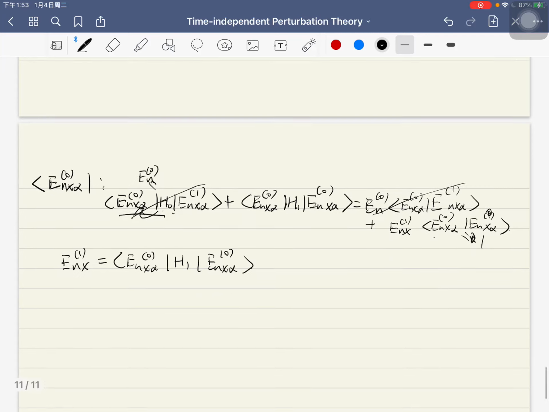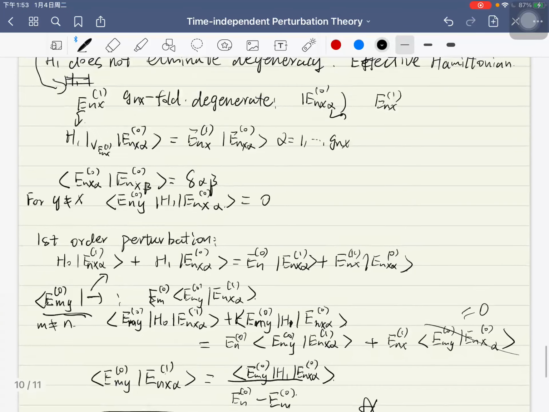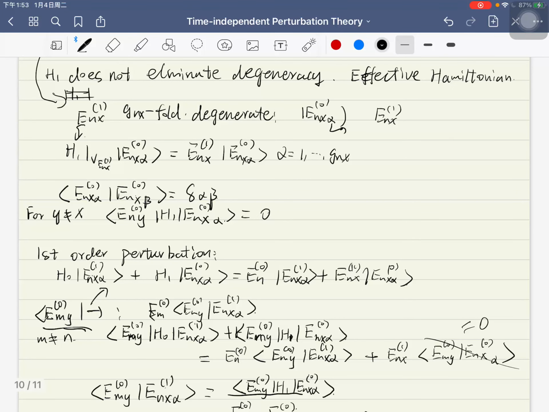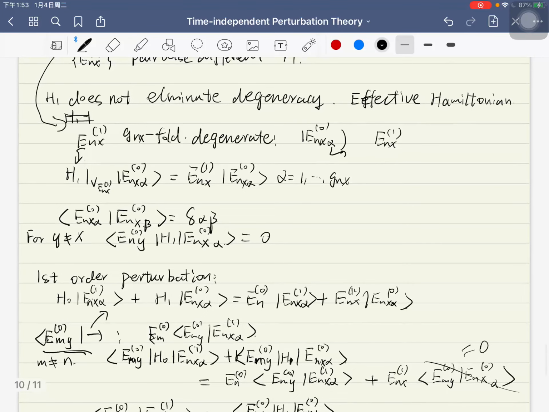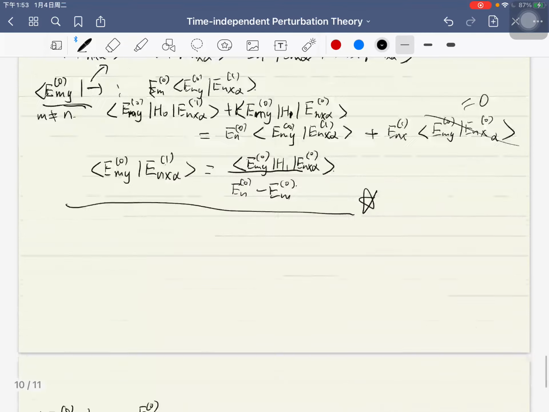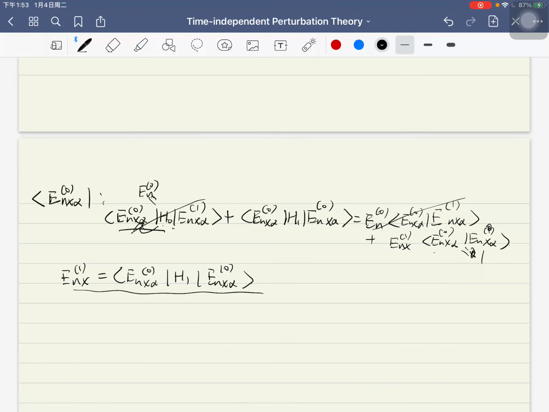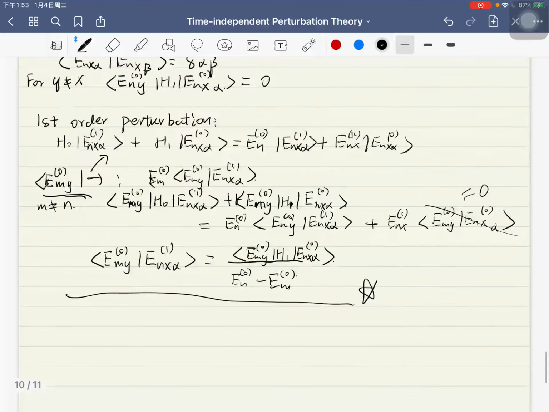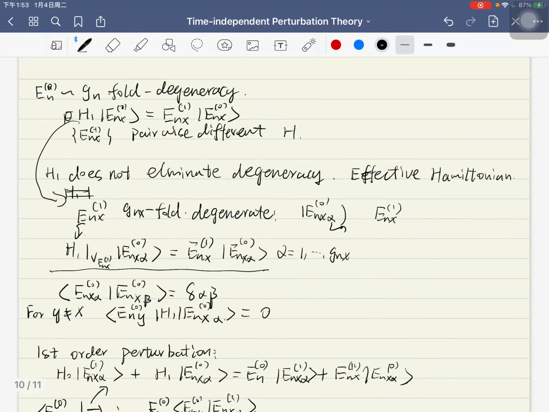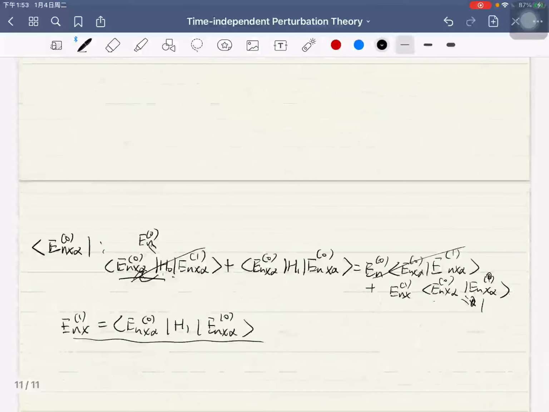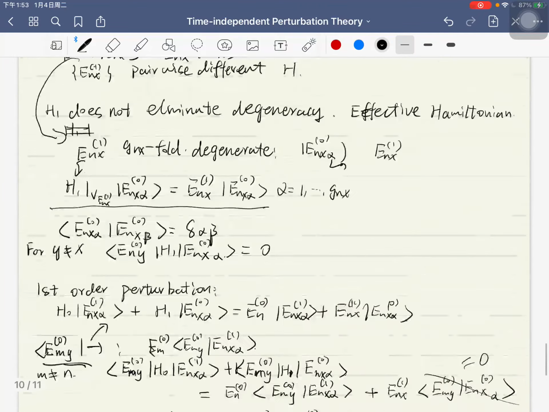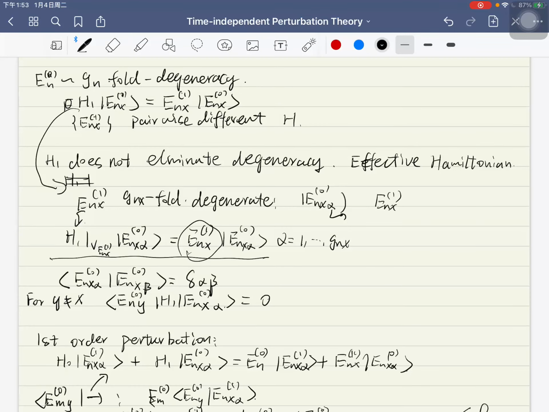This corresponds with our basic assumption, and so E_nx^1 satisfies the definition here.